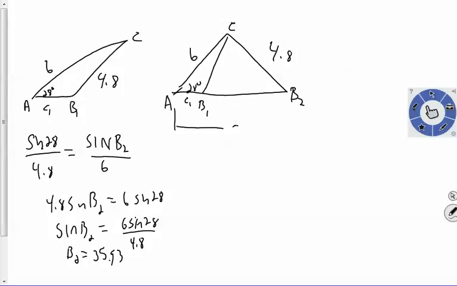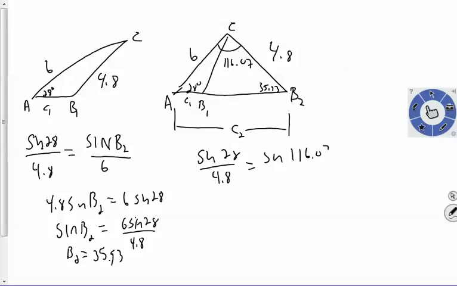So how do I get this distance? I guess we'll call this C2. Well, I already have this to be 35.93 degrees, right? So this angle right here must be 116.07. So then I'm going to set up sine of 28 over 4.8 equals the sine of 116.07 all over C2.